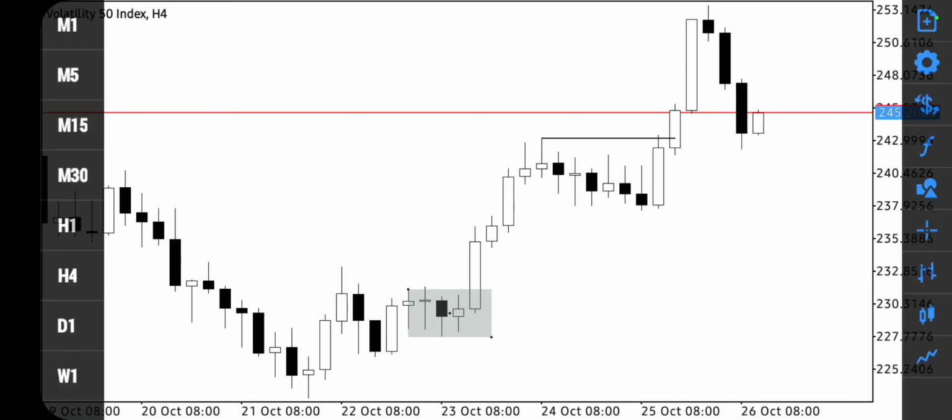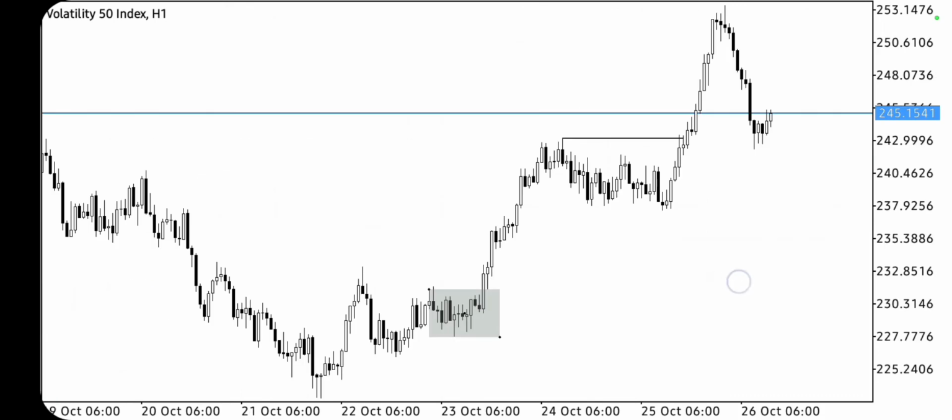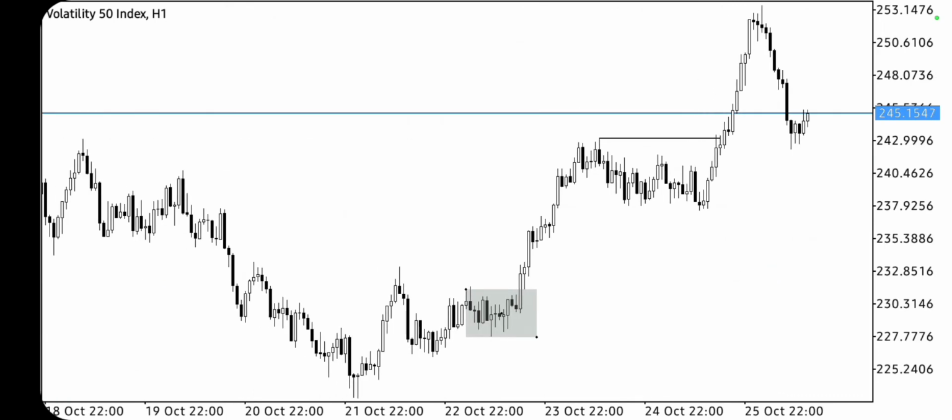When we check out the 1 hour time frame, you can see the consolidation is very clean and very clear. So you can just mark out the consolidation areas before the impulsive movement. This is our demand zone, and it's a valid demand zone.